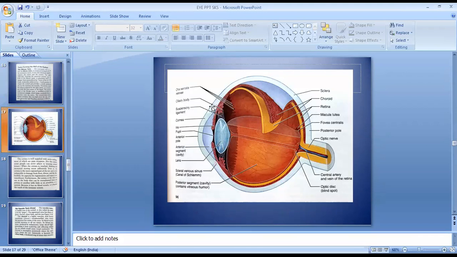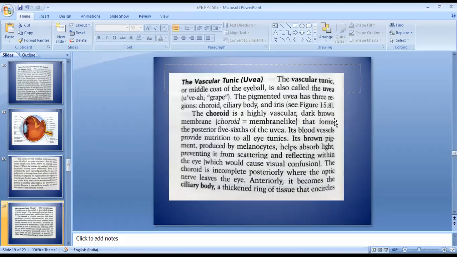Ciliary. And further when it extends, it gives the iris. So this is the choroid, then it thickens up into the ciliary body, and then the iris. These are the three parts of the uvea, and it is highly vascular.